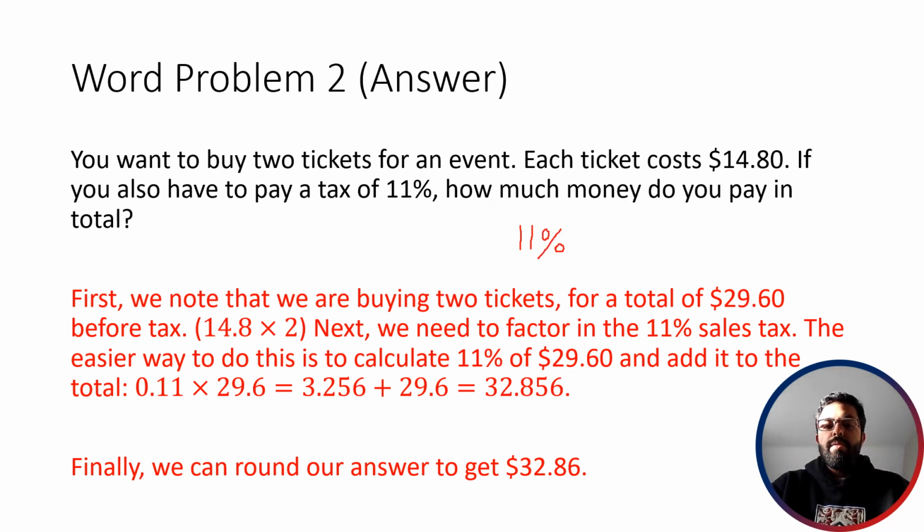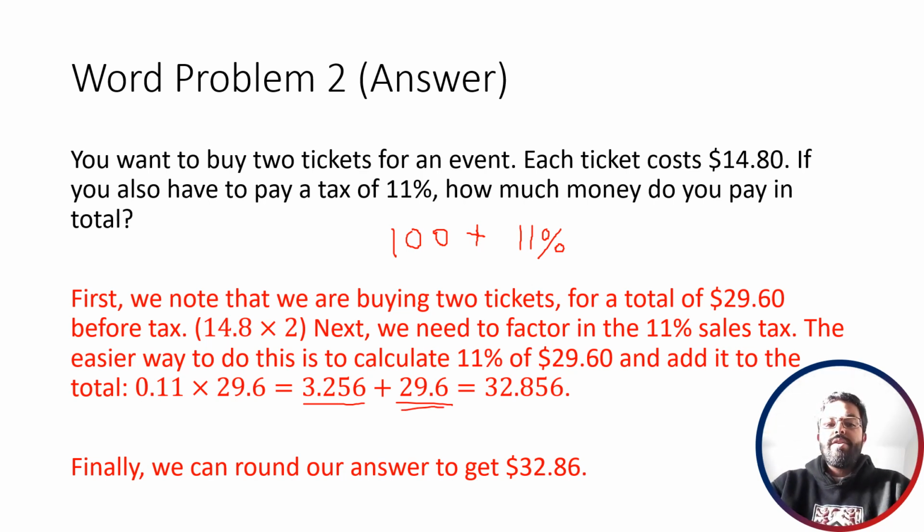You don't have to do the problem in 2 steps if you add 100 to your percentage, because that's basically making up for that second step where you're adding the amount that you find for your sales tax back to the total.